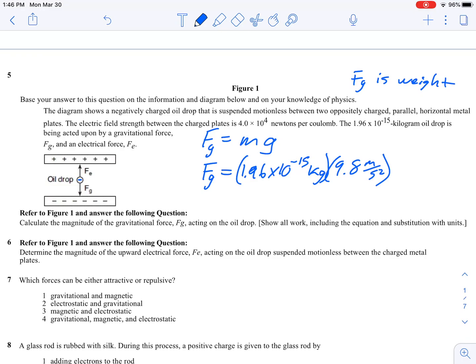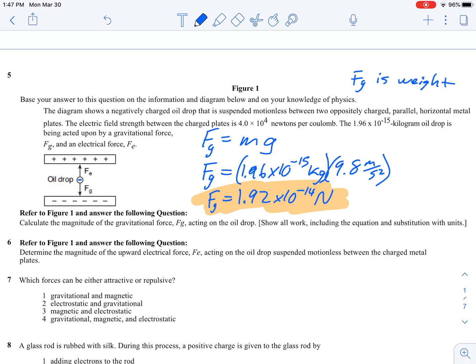Throw that in your calculator. You should get a force of 1.92 times 10 to the negative 14. Remember, all forces are measured in newtons. So we actually didn't have to use any of the new stuff we've learned. That's going back to one of the first units, I think it was unit 4 maybe.